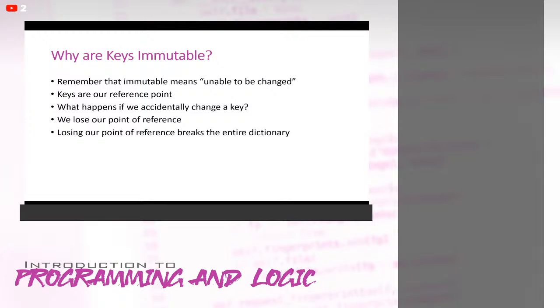So if we have a dictionary that's maybe numbered or whatever, and then all of a sudden we change a value or add in a different value that we didn't expect, we wouldn't have that frame of reference to be able to get information from our dictionary. We wouldn't know how to do it. Our interpreter wouldn't know how to send it back to us because we wouldn't have the right key to be able to get access. So when we lose that point of reference, this breaks the entire dictionary, breaks everything. Because once that reference point's gone, you're done for, right? You lose that point of reference, you lose it for everything.